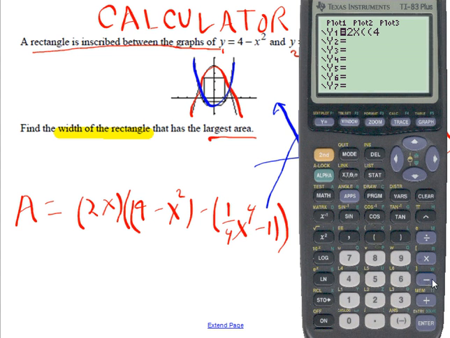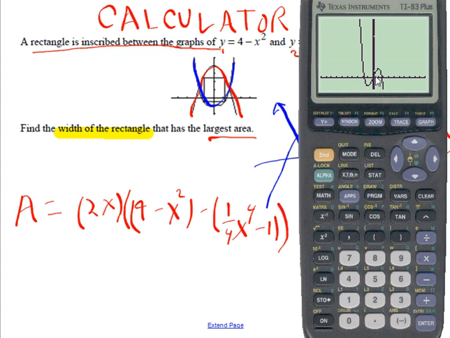So we get 4 minus x squared minus, so we could graph this, and let's think about what our window, our y value should be pretty big because we're looking at our area here. So let's look up to maybe like 50 and make a graph.